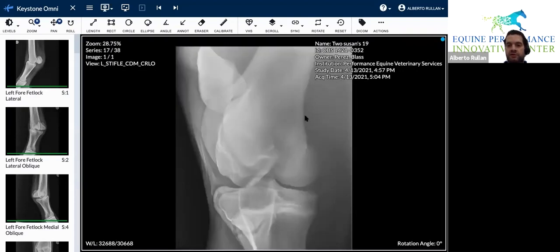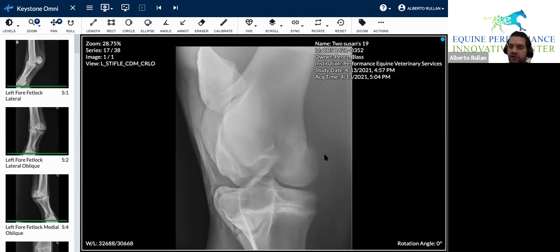Then in this view, in the racehorse, you're gonna see a lot of changes on the medial femoral condyle. And please do not forget the lateral femoral condyle. More commonly, medial femoral condyle lucencies, cysts, flattening. A lot of flattenings are normal, and you're gonna see a lot of cysts, which are relatively easily fixed with a screw or injections. Proximal tibia, you can see spurs over here.